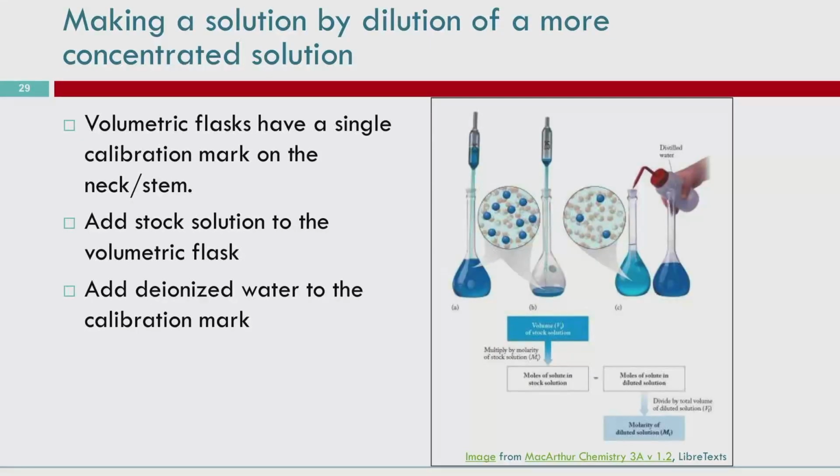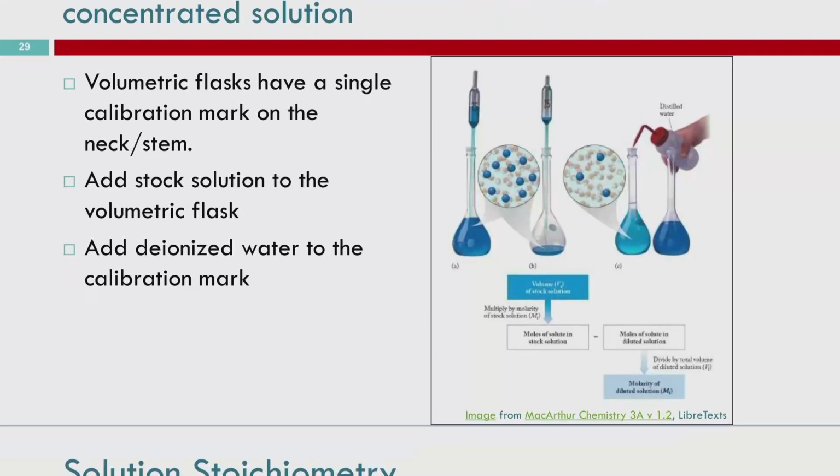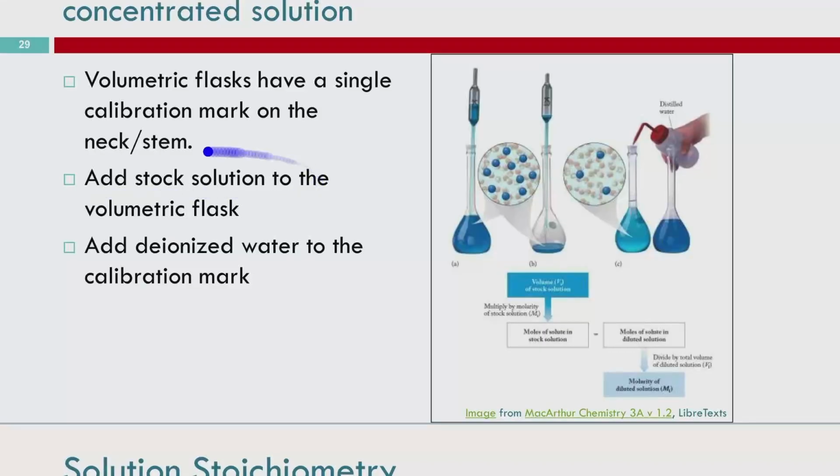The way you use a volumetric flask is you take some out of your concentrated solution, add it into this other flask, and then fill this up to the mark on the neck, so it'll be at whatever the volume is, maybe half a liter or a liter or a quarter of a liter. You add that stock solution to the volumetric flask, and then you add the deionized water until it reaches the calibration mark on the neck of the flask.